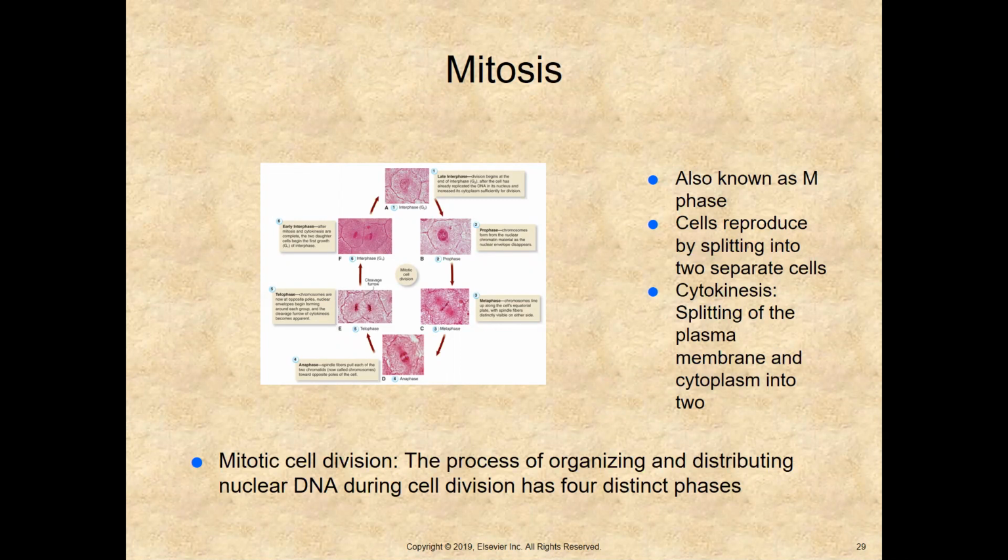So we're going to talk about mitosis first. It's also known as the M phase. The parent cell is going to split into two mirror daughter cells, and it involves a process called cytokinesis, where the cell is going to split in half, essentially, and half of the organelles, cytoplasm, nucleus and DNA is going to go one way, and the other half is going to go to another.